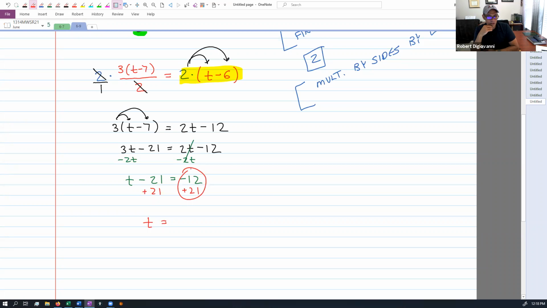That should give you 9. Look at that as being like 21 take away 12. So that should give you 9. So t is 9. Questions on that?